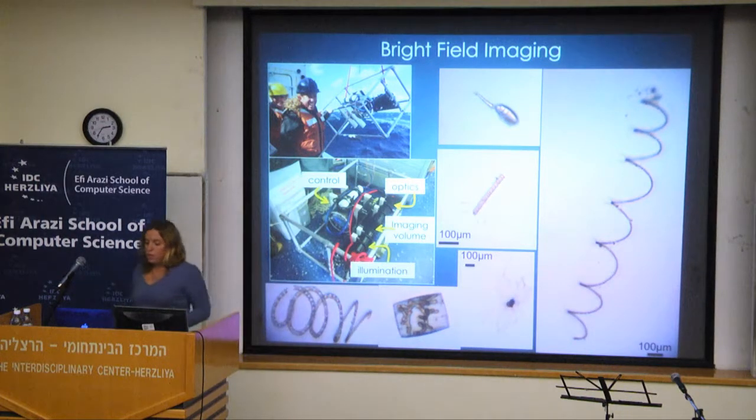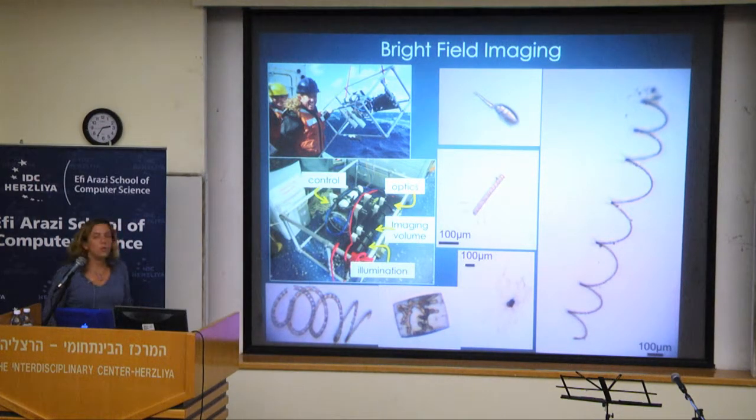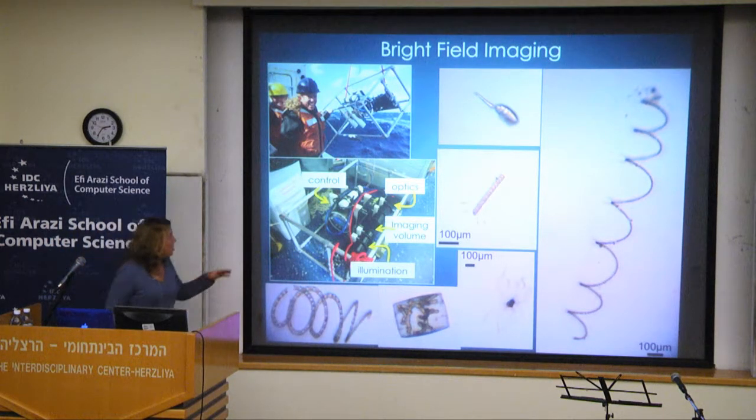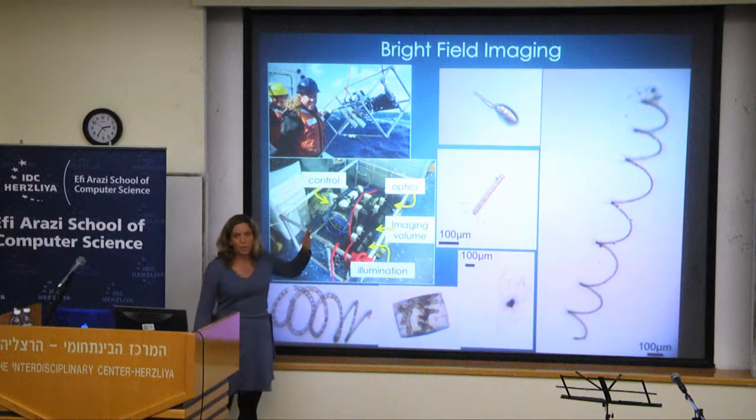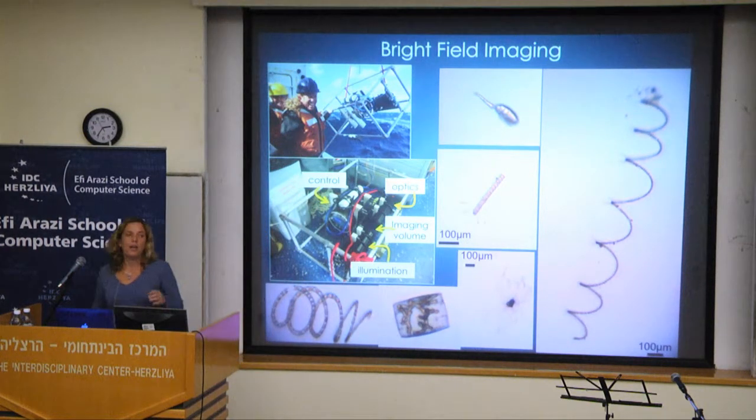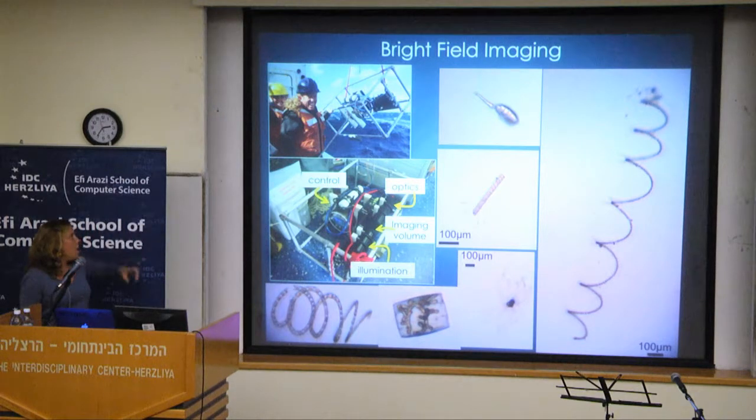And what you see here is images we took in situ in the ocean. You see me here with the microscope in the high sea. I think you can see that it was a high sea. The microscope is deployed from the ship.